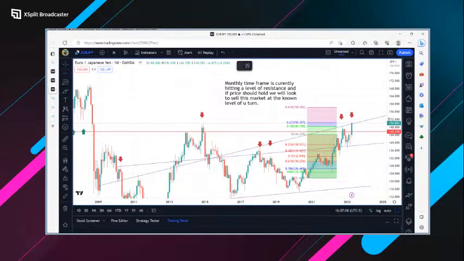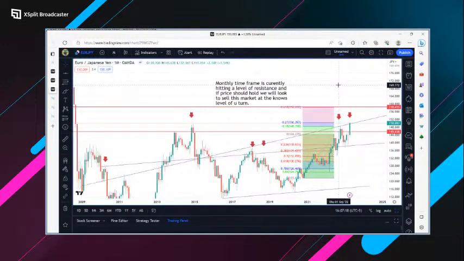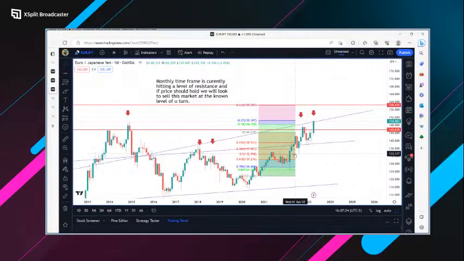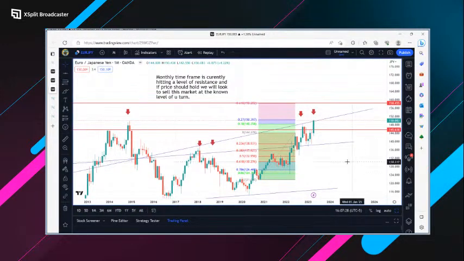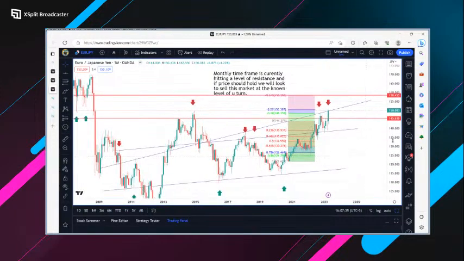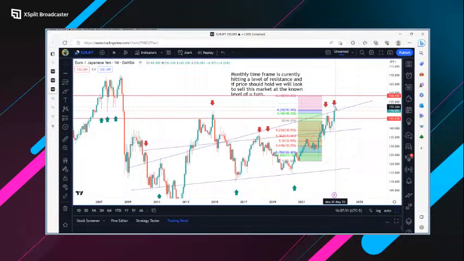Okay, so there could be a 1.582 and then that 1.618 extension could be a good point to go in, but I don't believe that the market has shown us that it is willing to just go up straight from here. In order for us to want to buy this market, we would need the monthly time frame to break above this current downtrend line, which was holding the market up, test the backside of it, and then go further up.